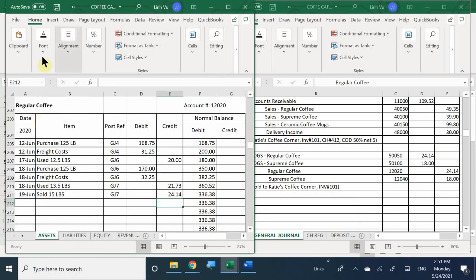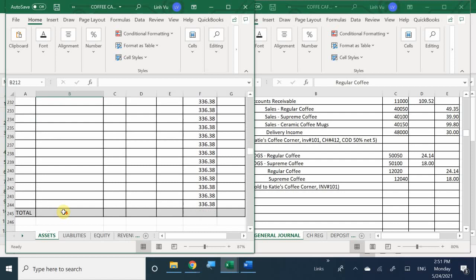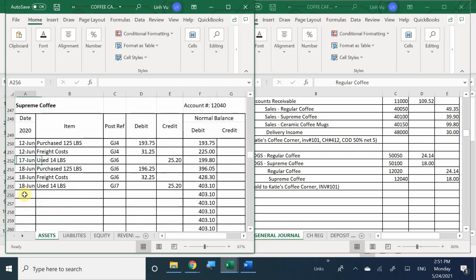Then we'll go to Supreme Coffee. 10 pounds, I believe. Yep, 10 pounds, for $18. Should give us 385.10.